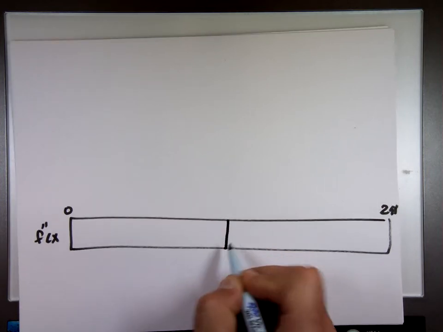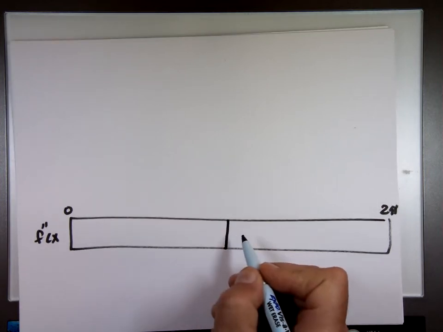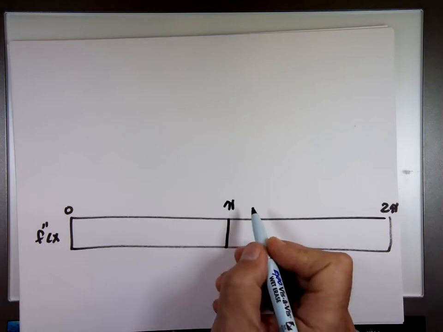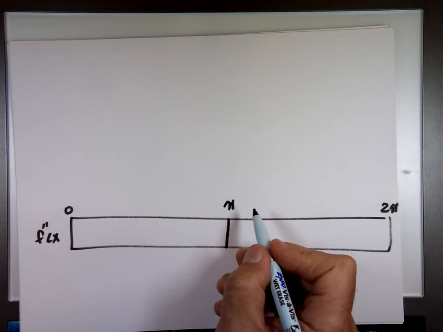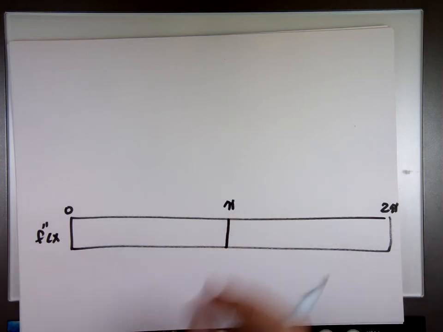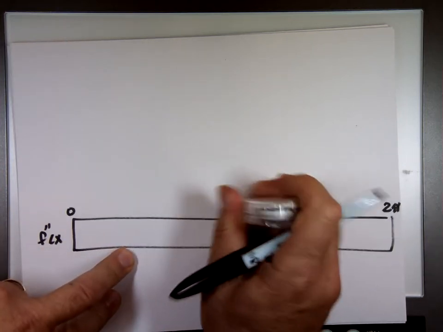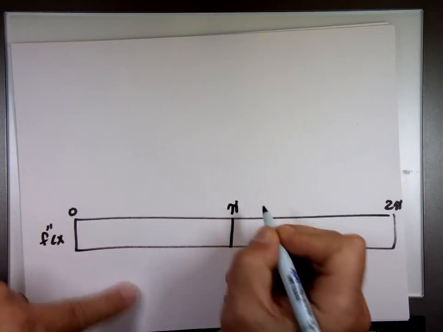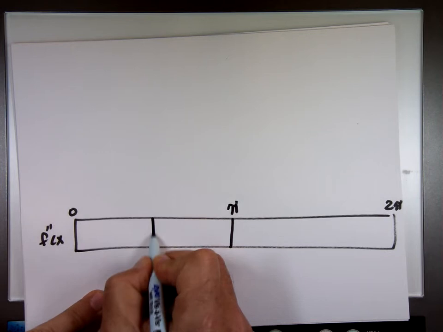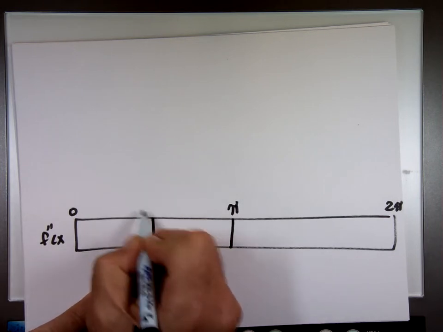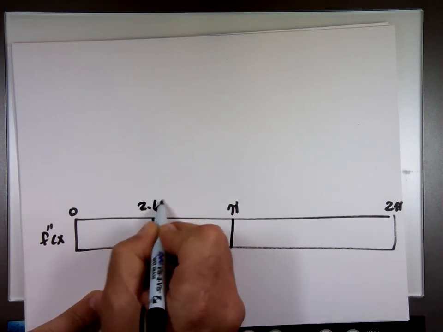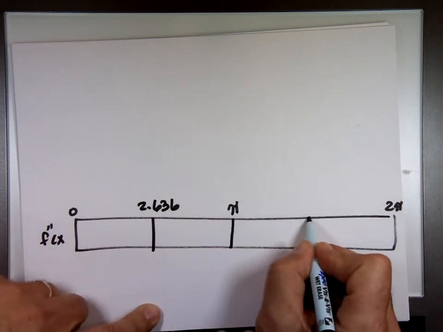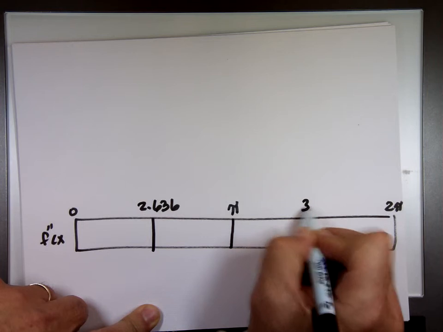Pi is 3.14, which is below the 2.636. There's another value here, 2.636, and another value here, 3.647.